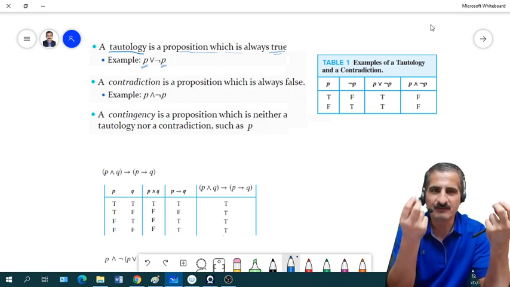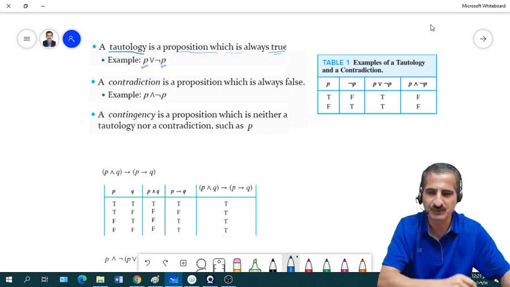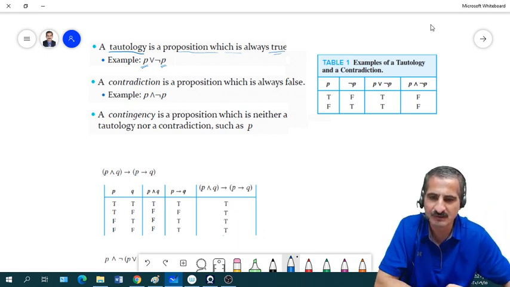And now we have P and not P. One of them must be true because they are opposite of each other. And therefore, P or not P is true, as we see here in the table. Here we have T or F gives true. F or T gives T. So this is a tautology.